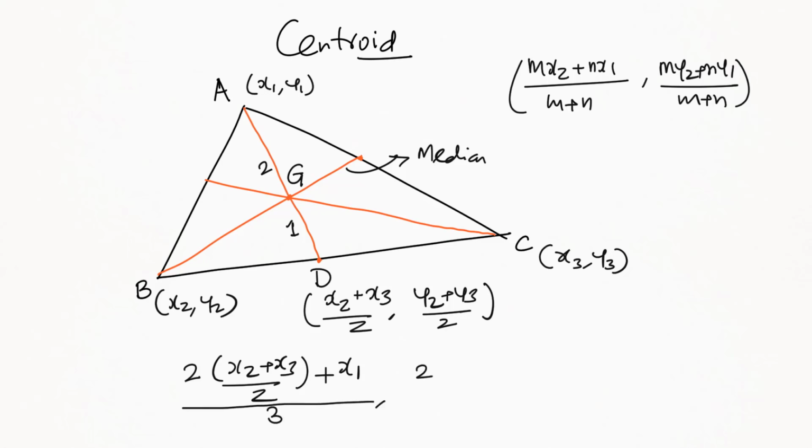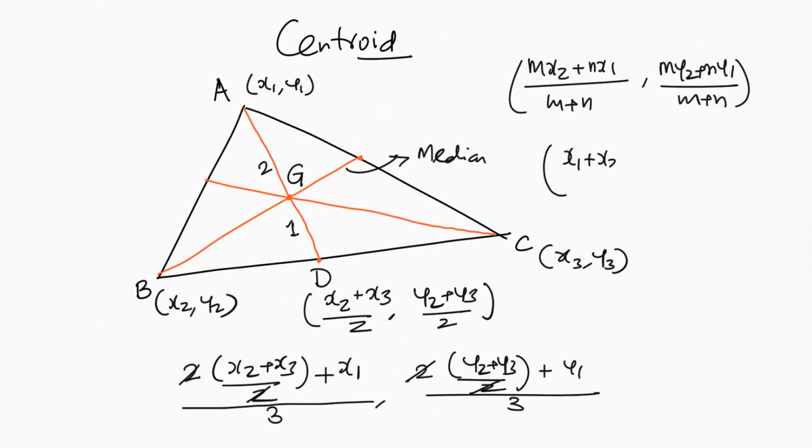And similarly for y coordinate also, plus 1 time y1 over 3. And if you simplify this, the coordinate of the centroid becomes x1 plus x2 plus x3 over 3, y1 plus y2 plus y3 over 3.